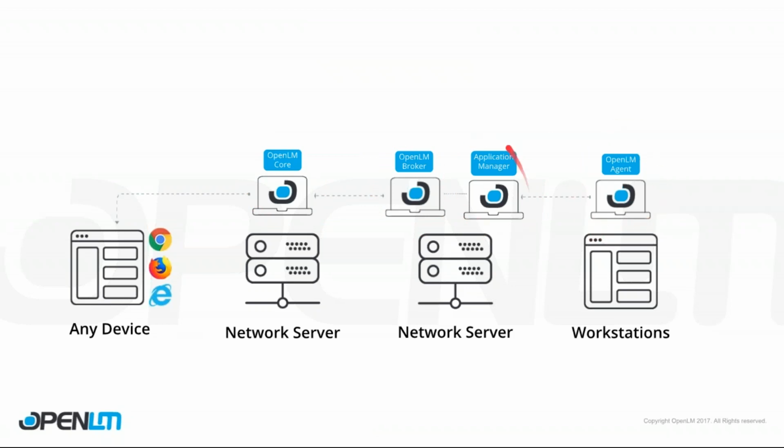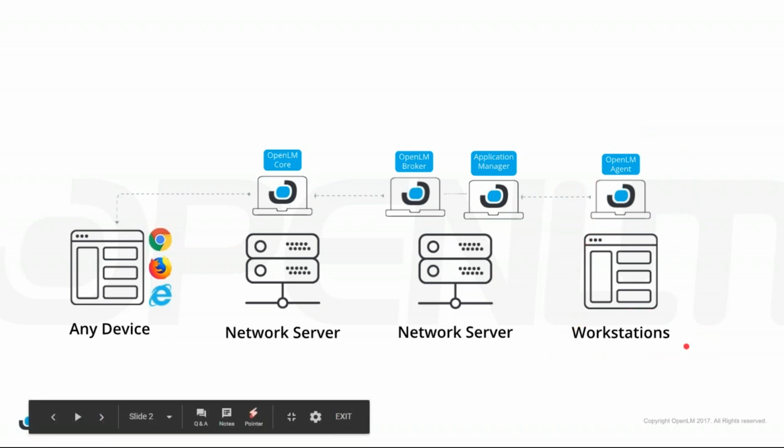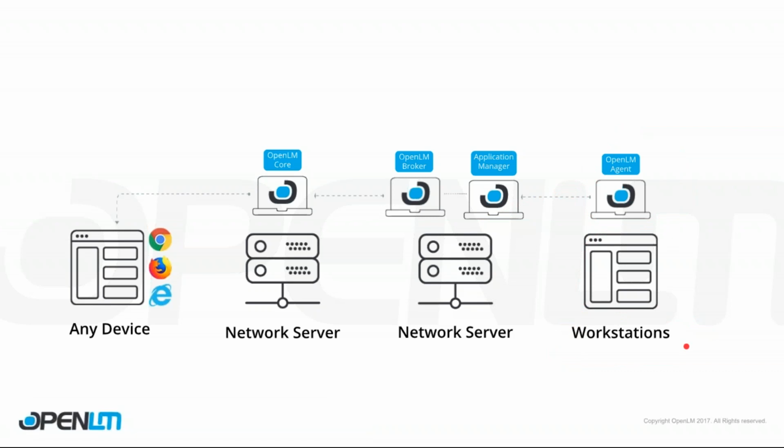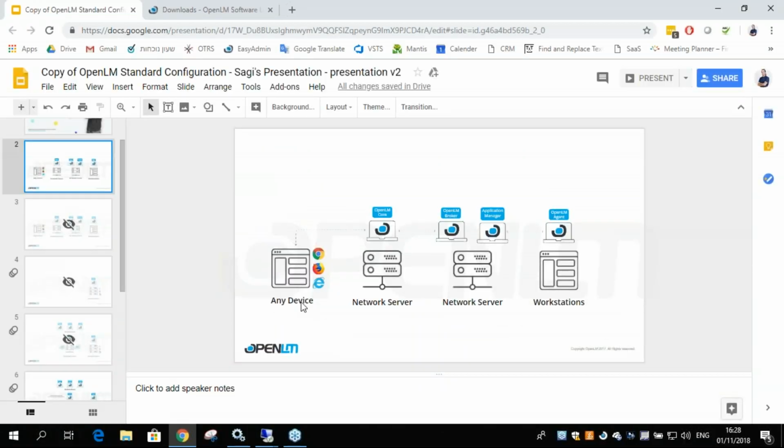So now the App Manager is not getting any information from anywhere, so we can't really configure anything. The OpenLM Agent itself should be installed on a workstation. When I say a workstation, I mean the machine that the engineer uses, the one that opens AutoCAD, that wants to actually work with it. So you need to install the OpenLM Agent there.